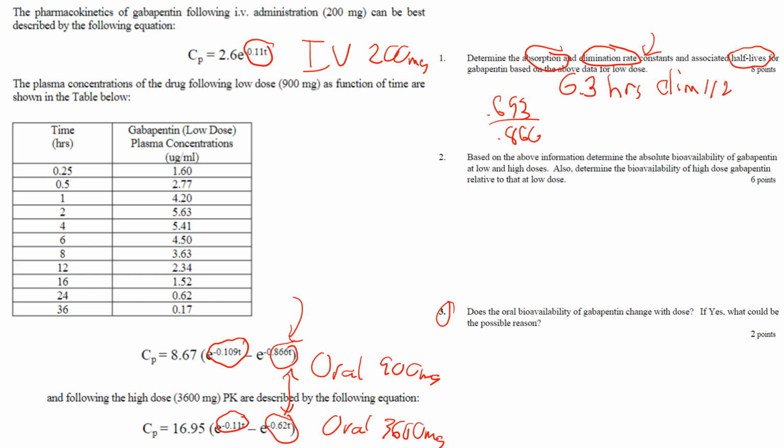We get 0.8 hours. And then for this second one, similar process, 0.693 divided by 0.62, and we get 1.1 hours. So nice, we found the rate constants, we find the hours, that's how we do that.